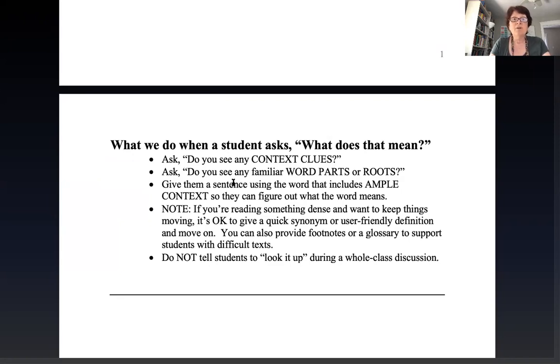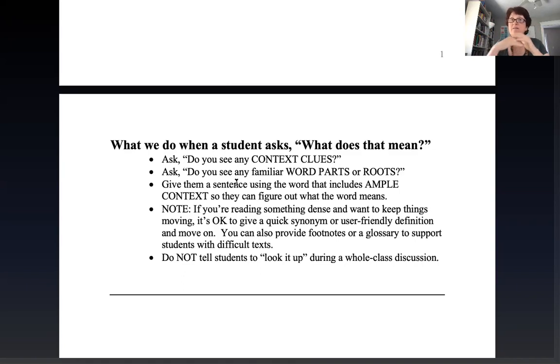And then a really important thing you can do is to give them a sentence that uses the word with ample context so that they have to figure out what the word means. This is really helpful because the process of inferring what the word means from the context is just enough so that students will have that kind of hook to retain what the word means.